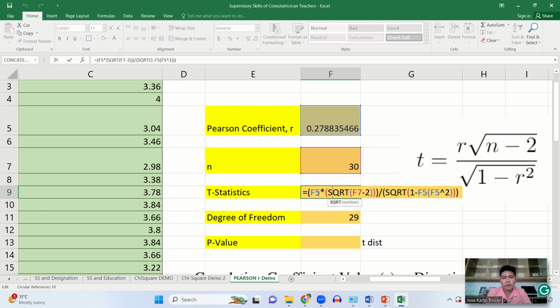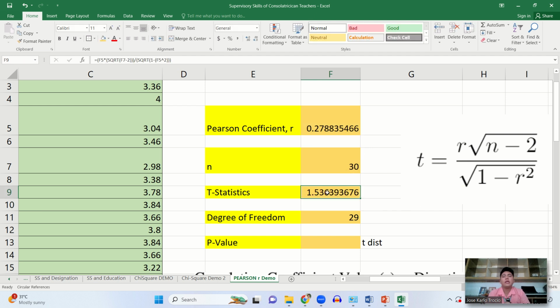You have F5 times the square root of F7, that is 30 minus 2, over the square root of 1 minus R. So, you delete this. 1 minus R squared. That's it. That is your t statistics.